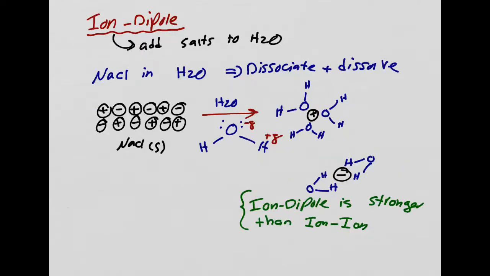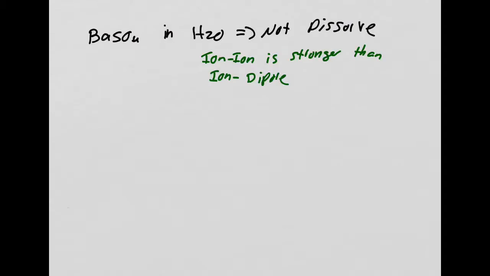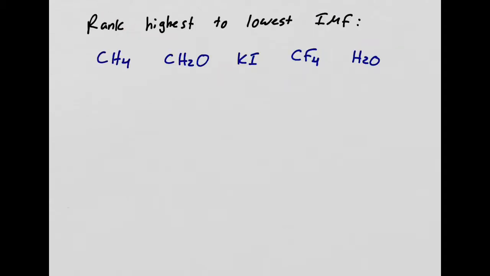And then we have one more thing, ion dipole. The only time you really have to worry about ion dipole is when you add a salt to water. If it breaks up and dissolves in water, that means the ion dipole was stronger than ion. And if you add a salt to water and it doesn't dissolve, that means the ion was strong, and the water couldn't break it up.